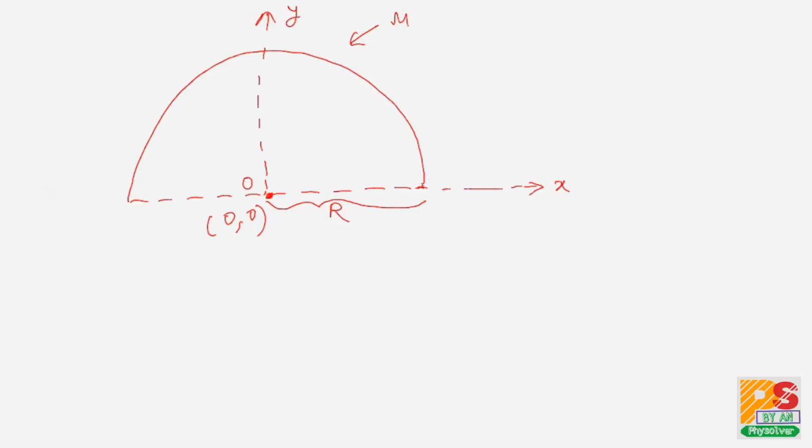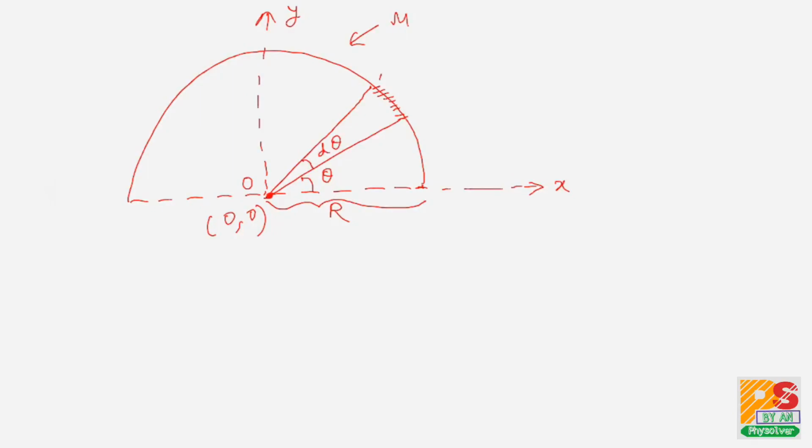Now we have to take a small element of mass on that ring. Suppose at angular position theta we take a small element of mass, though it does not look like a small element, but I just take this so that the drawing is clear.